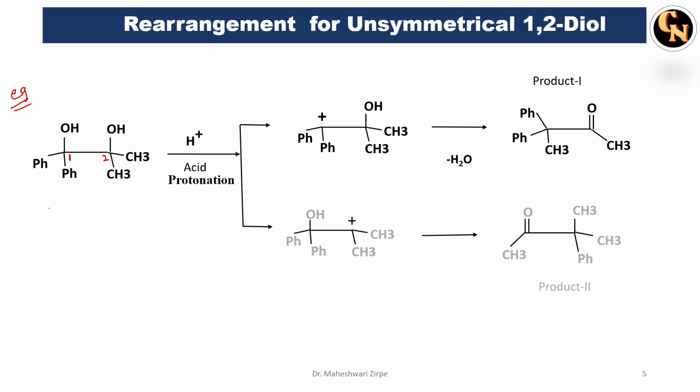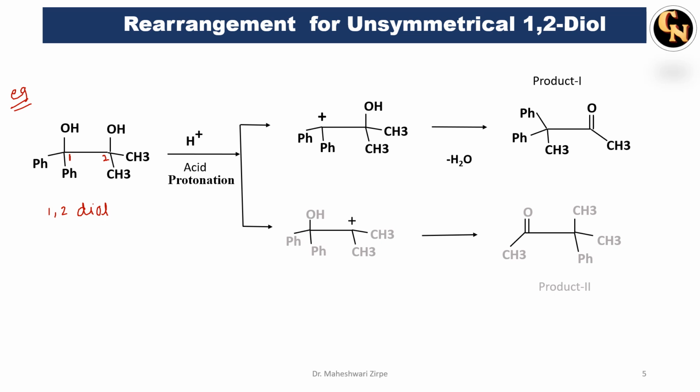So it is a 1,2 diol. On the first carbon there are two phenyl groups and on the second carbon there are two methyl groups. If the first carbon and second carbon carry different substituents, then we call such a pinacol an unsymmetrical pinacol. Let us see the reaction and find out what the products are.